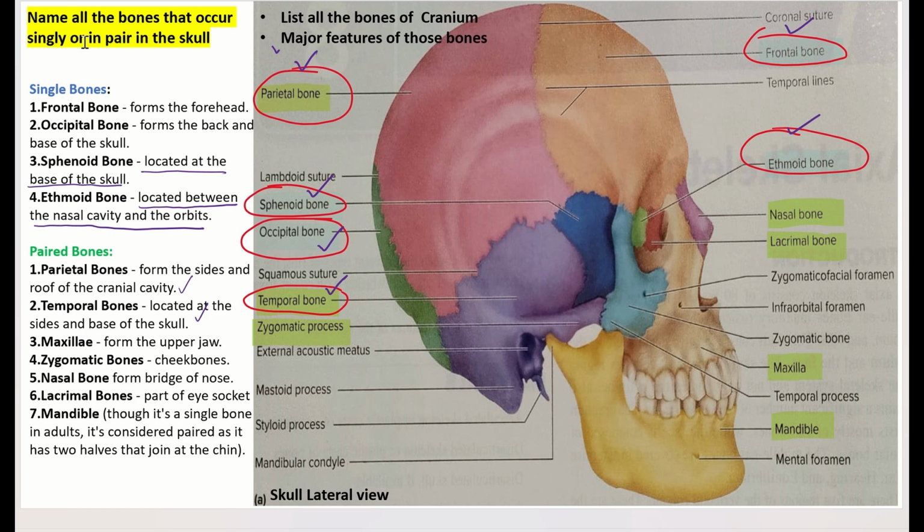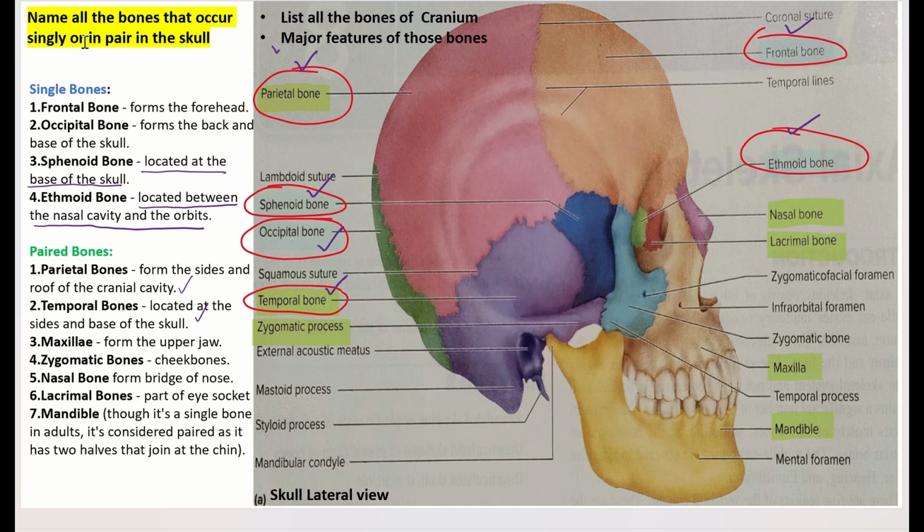The frontal bone forms the forehead, the occipital bone forms the back and the base of the skull, the sphenoid bone is located at the base of the skull, and the ethmoid bone is located between the nasal cavity and the orbits. The parietal bone forms the sides and the roof of the cranial cavity, and the temporal bones are located at the side and the base of the skull. So these were the six bones that comprise the cranium.